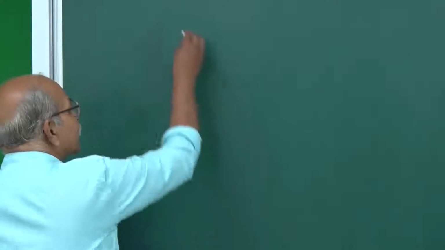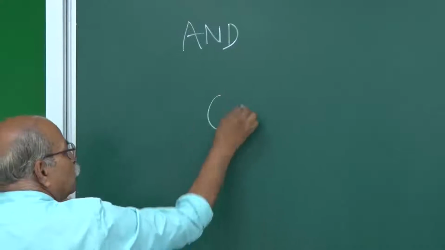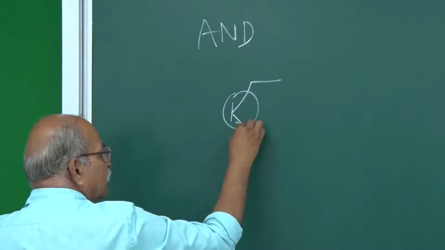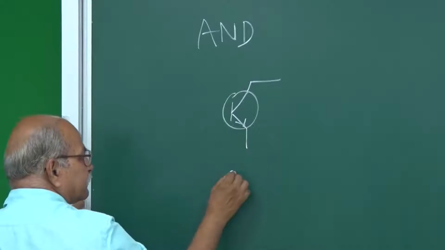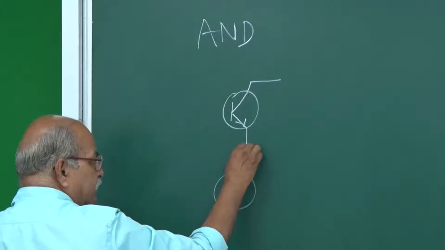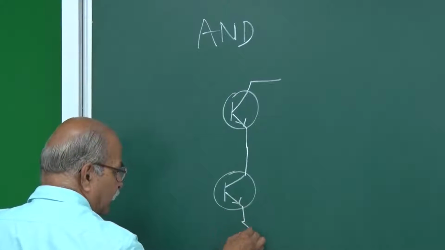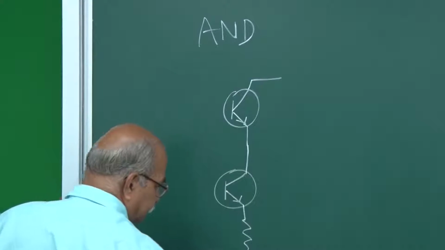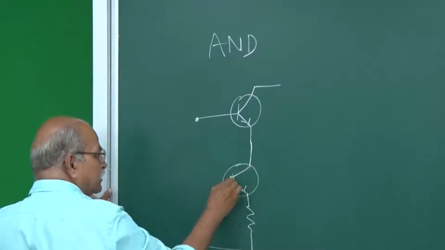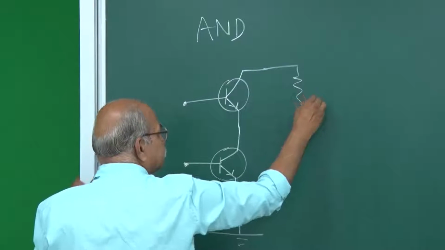So, you can make a circuit. You take two transistors, this is an NPN transistor, and then you connect them in series in this fashion. This is your ground, and these are the two input points, and here you have biasing, normal biasing you can do.